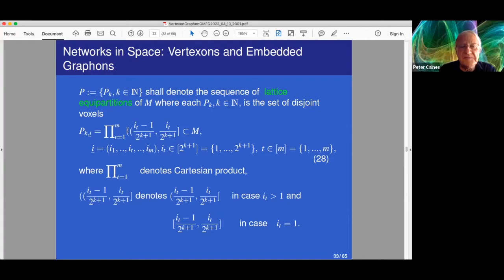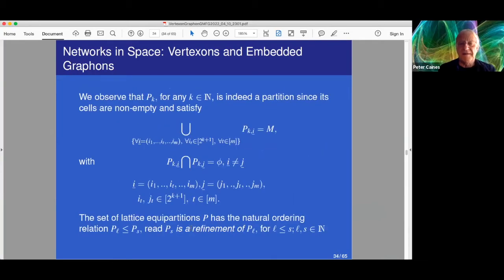Now, this isn't a misprint: the double parenthesis is open in case your edge is inside, and it'll be closed if one of your edges is on the boundary, so that'll close that edge. So these are going to be disjoint voxels, all non-empty, whose pairwise disjoint union is the whole cube, and so indeed it is a partition.